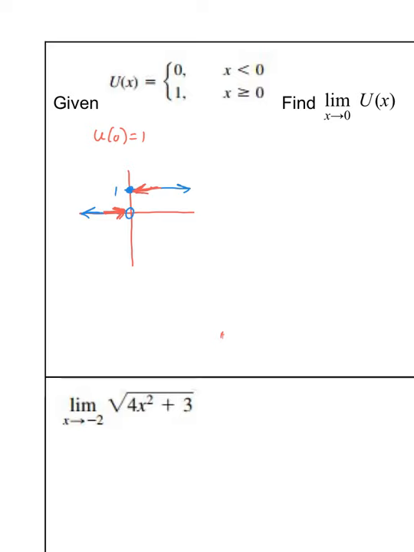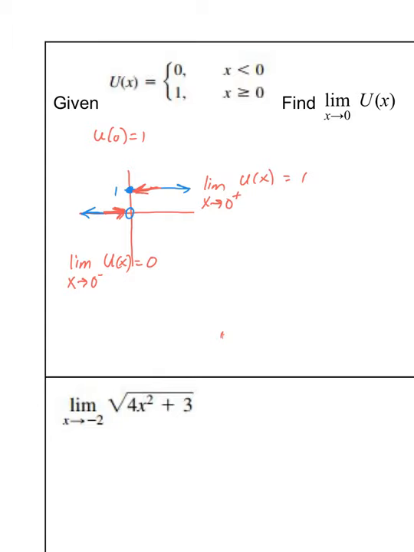So this is starting the concept of one-sided limits. One-sided limits say on the left of this function, u of x, my y value is approaching 0. But on the right side of 0, the function is now approaching 1.